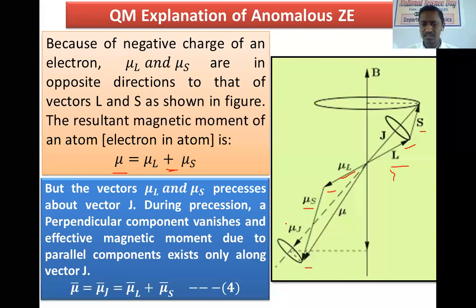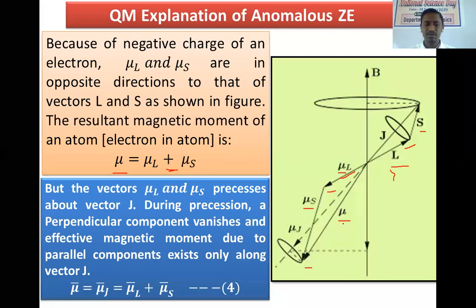Whenever we consider spin magnetic moment mu S and orbital magnetic moment mu L, then from the triangle law of vector addition we can calculate the resultant magnetic moment mu, by considering all its components.